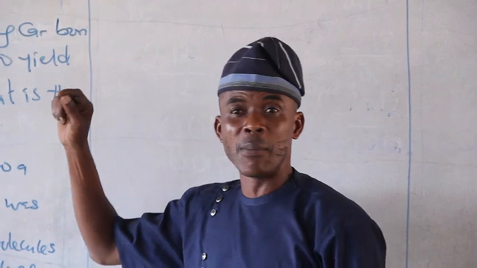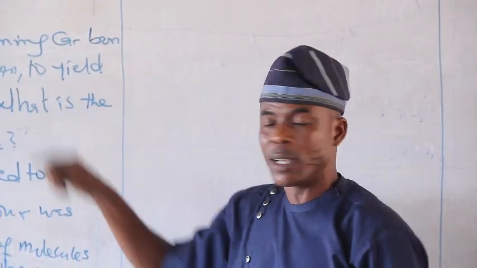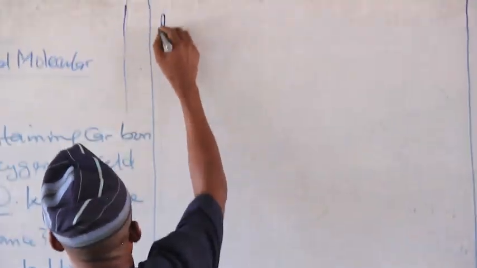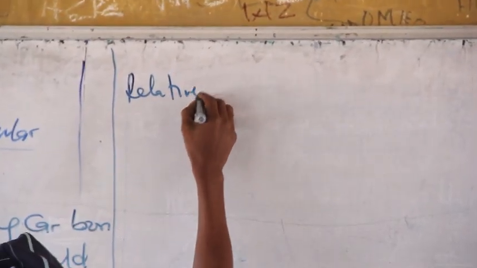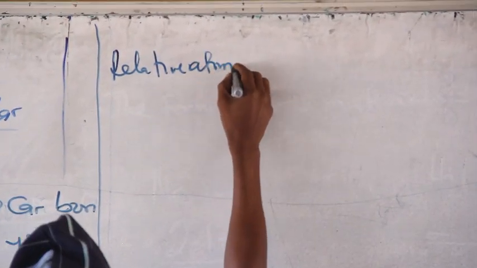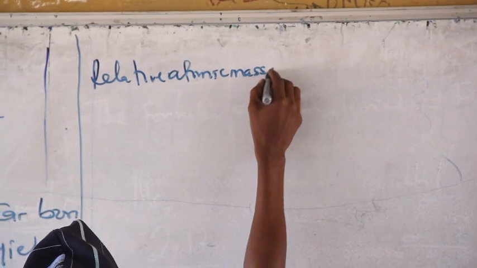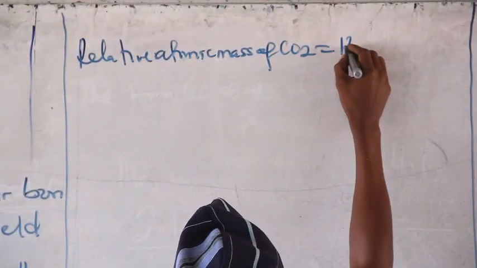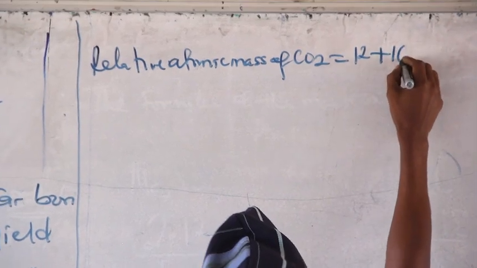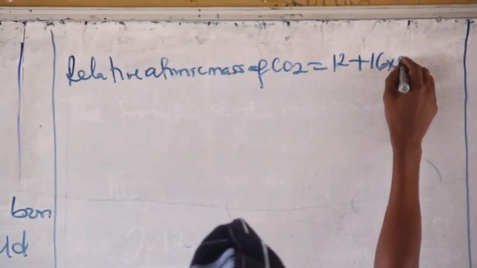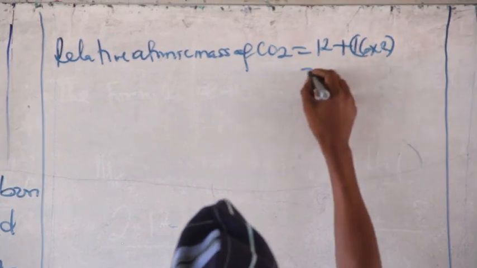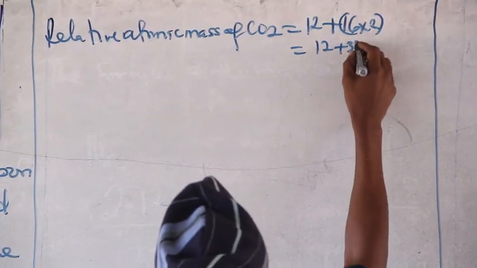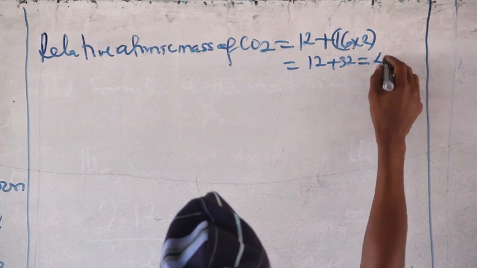I want to determine the mass of carbon in the carbon dioxide. What I will do is to find the relative molecular mass of CO2, which equals 12 plus 16 times 2, that is 12 plus 32, which is 44.